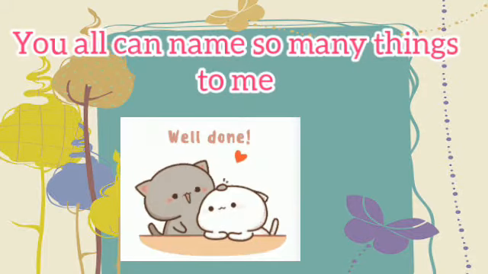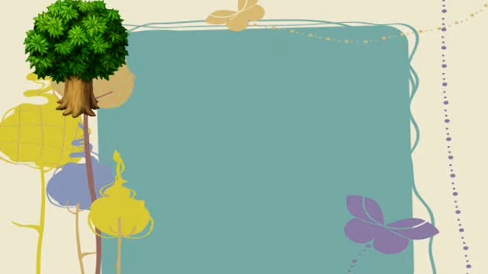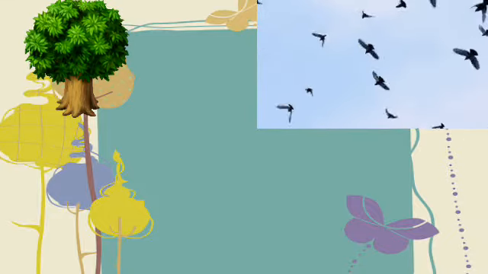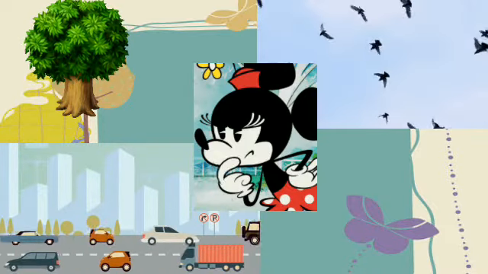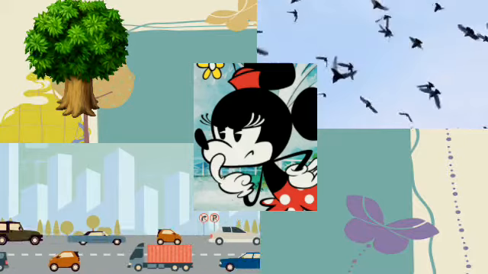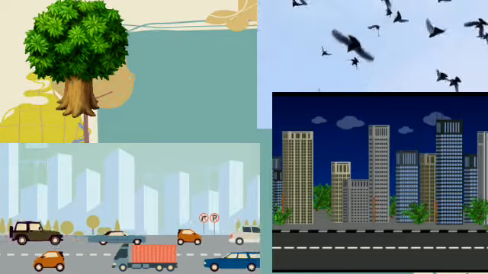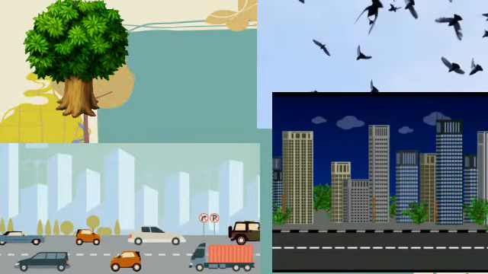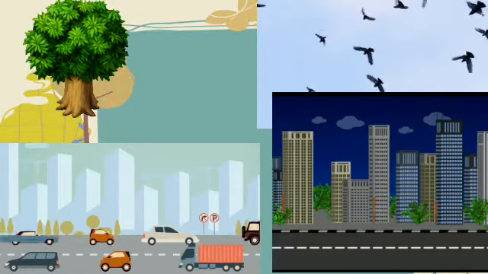You all can name so many things to me, like the trees, the birds. Yes, we can even see the vehicles. What else? Yes, you can see the different buildings around you and even the road. So that means we have so many things around us.